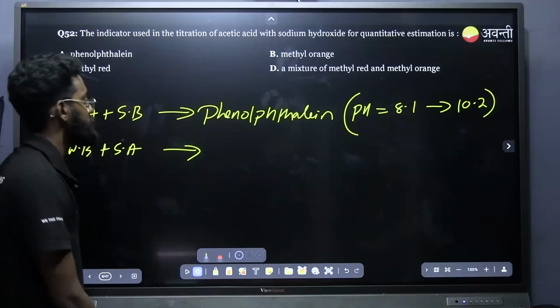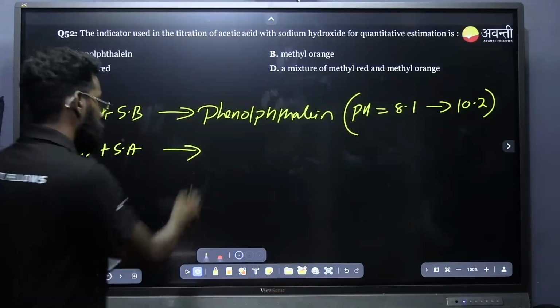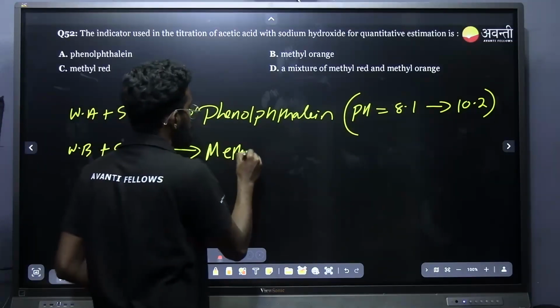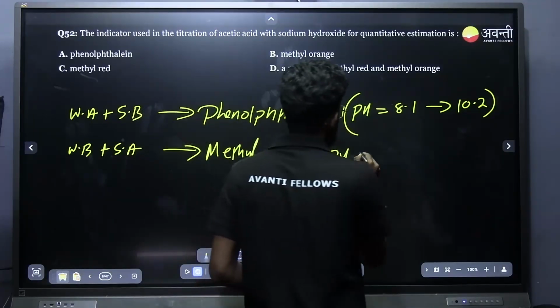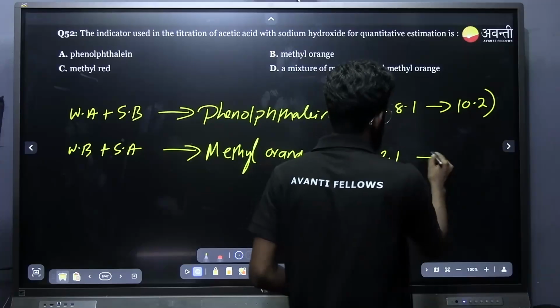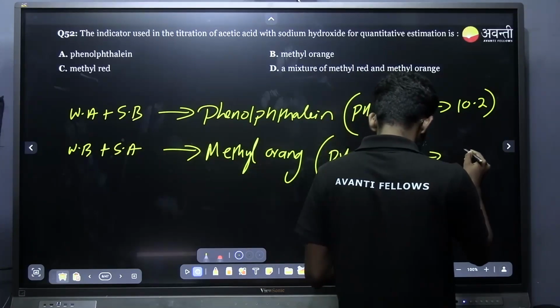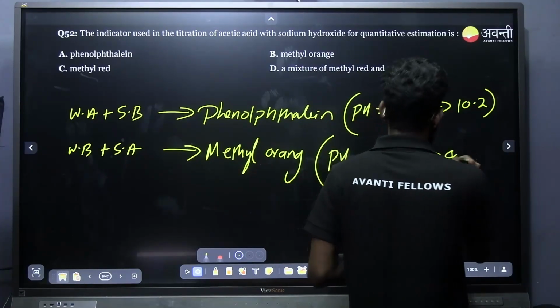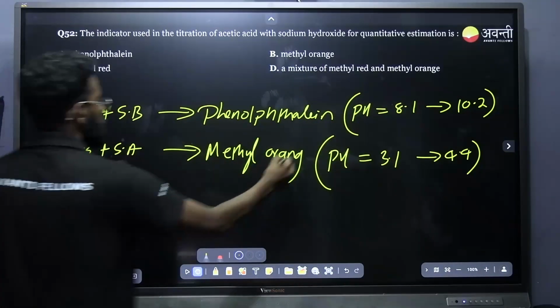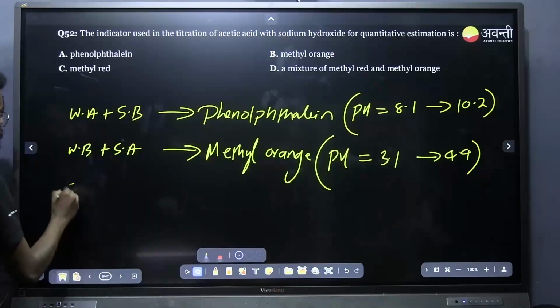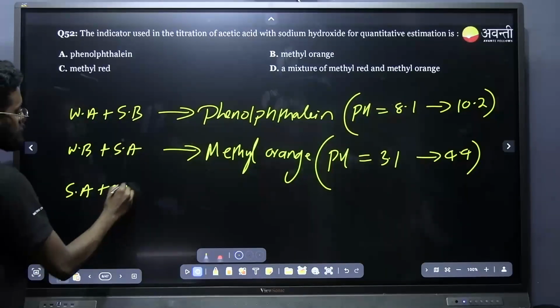Anybody have any idea which indicator we will be using here? Very good, methyl orange. Yes, methyl orange. And methyl orange will be showing color change in the pH range of 3.1 to 4 point something. Let me check it. Yeah, 4.4. 3.1 to 4.4.